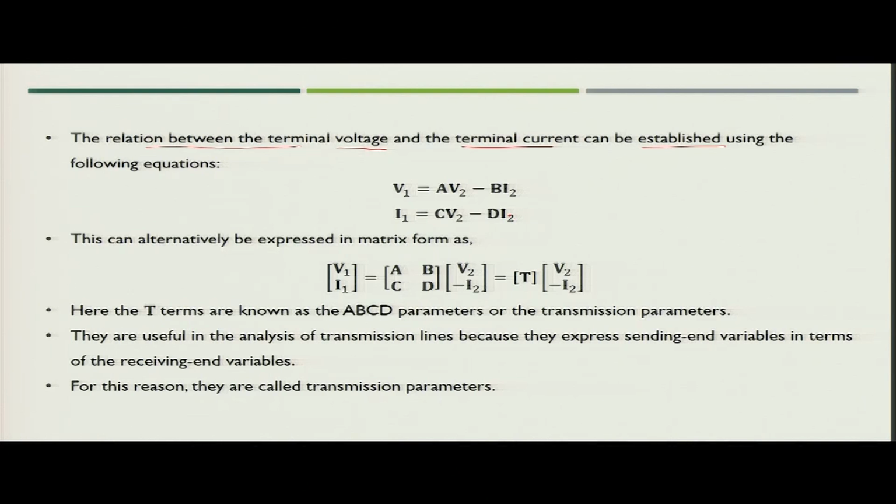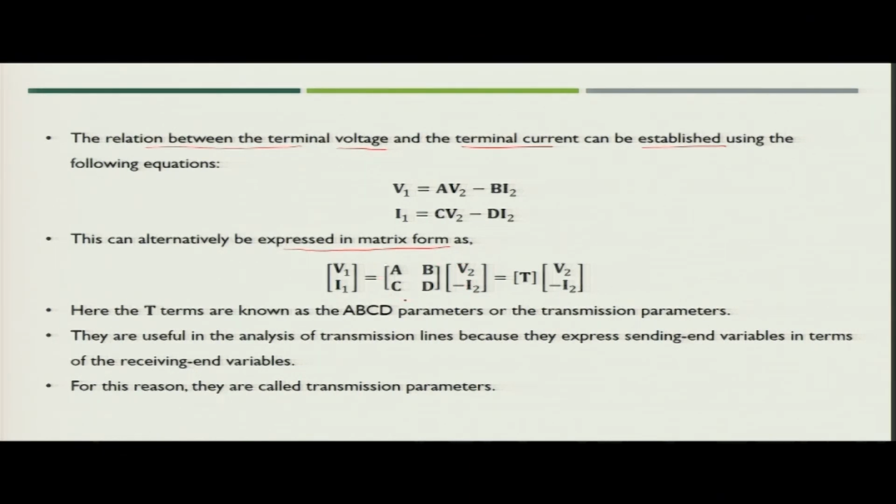Now, in matrix form we can write V1, I1, the dependent variable vector, as the matrix ABCD multiplied by the independent vector having V2 and minus I2 as the variables.